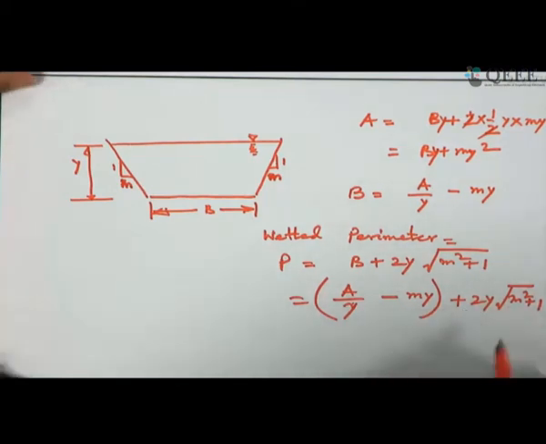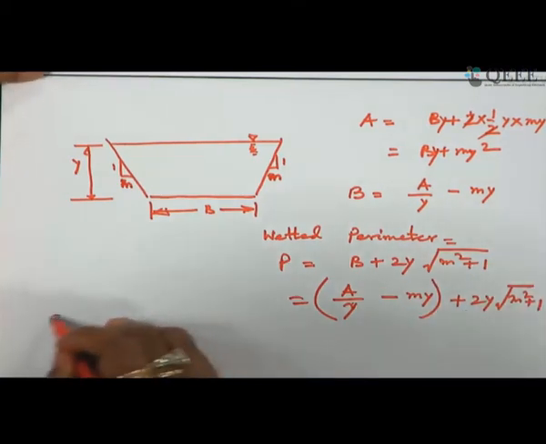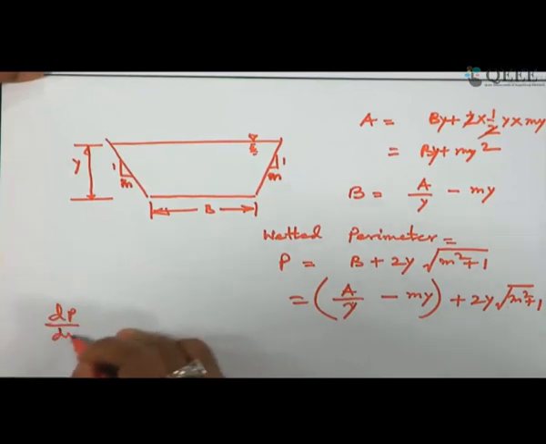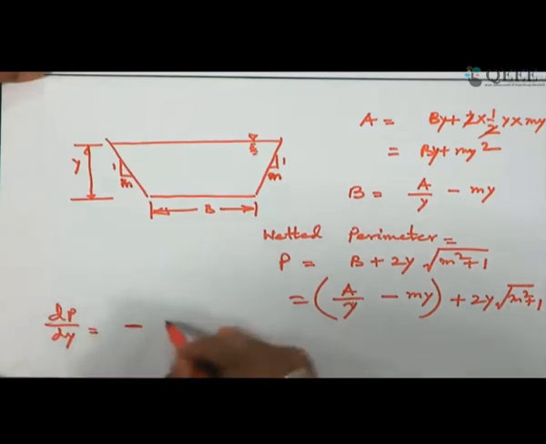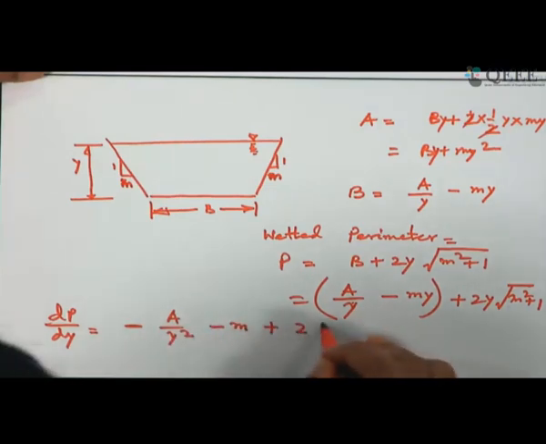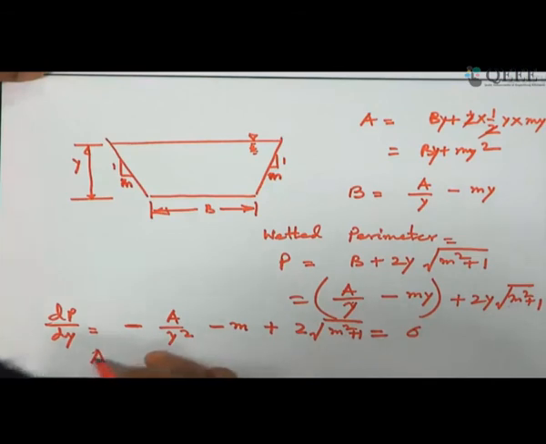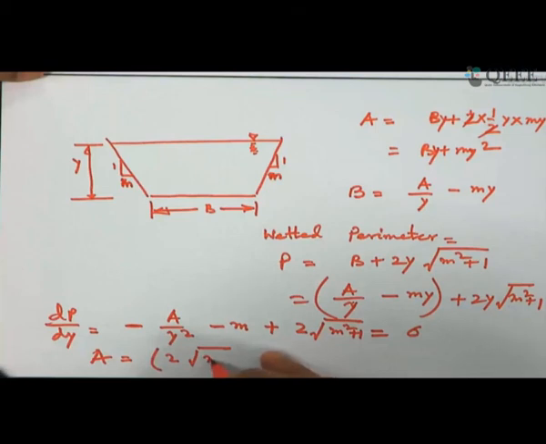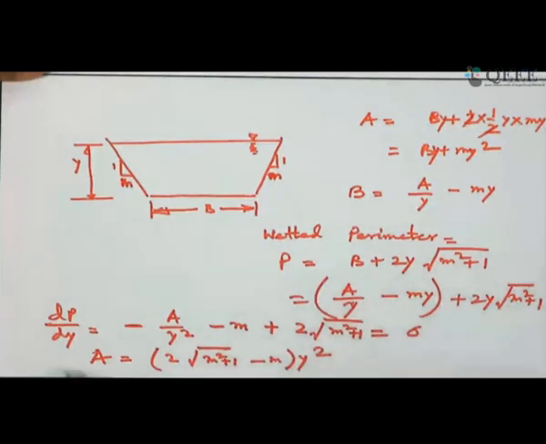If we differentiate it, dP by dy, then minus A by y squared minus m plus 2 square root of m squared plus 1 equals 0, or the area is (2 square root of m squared plus 1 minus m) y squared.